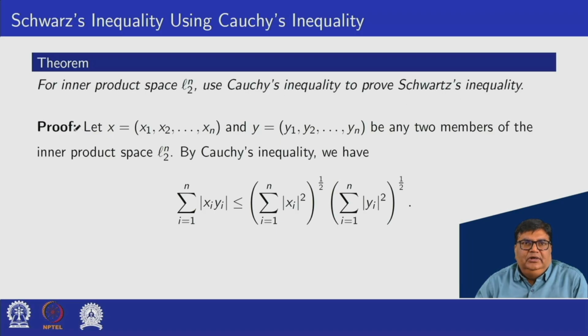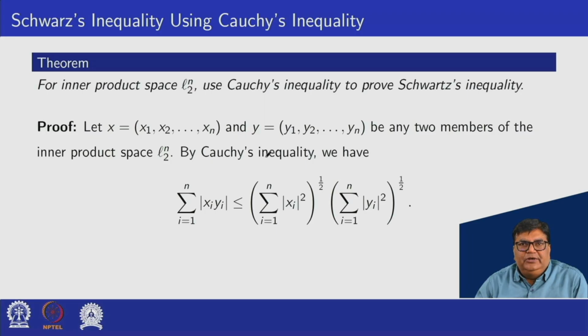Okay. Let x = (x1, x2, ..., xn) and y = (y1, y2, ..., yn) be any two members of the inner product space l2^n.